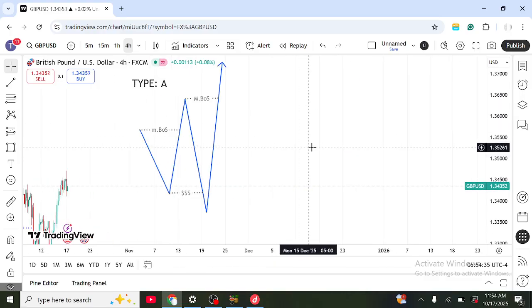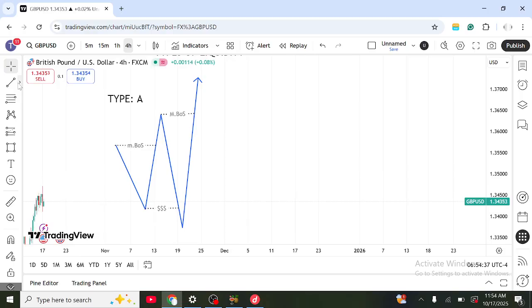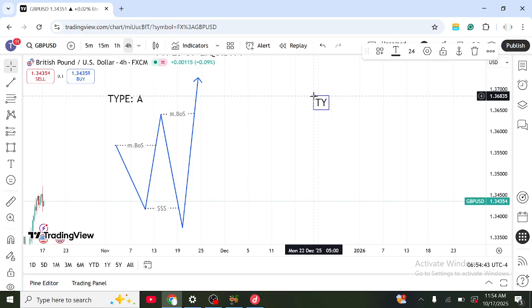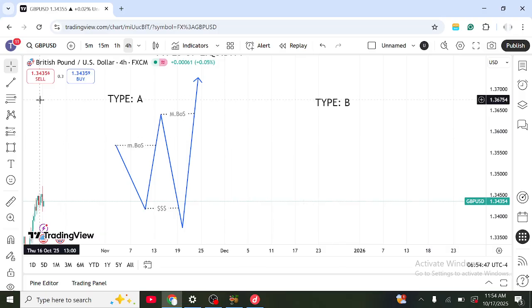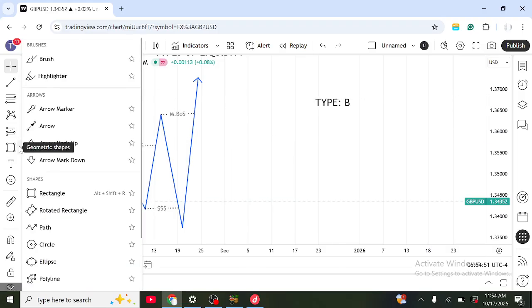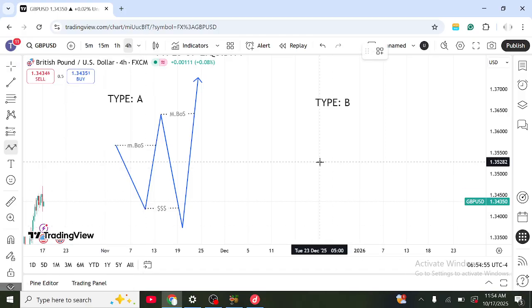Okay, I'm going to show you an example on the chart, and then let's quickly do type B. Now this is going to help you in your trading. When you want to make a decision, you will know which liquidity type to really invest your money in, and which one to be conservative about.